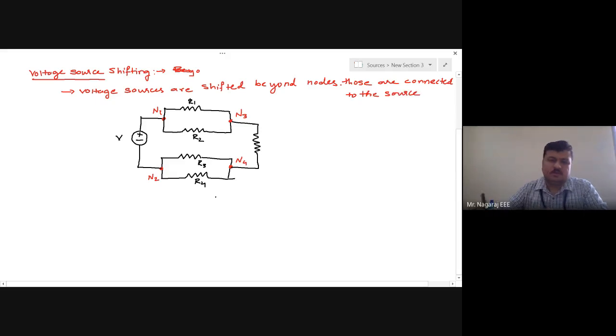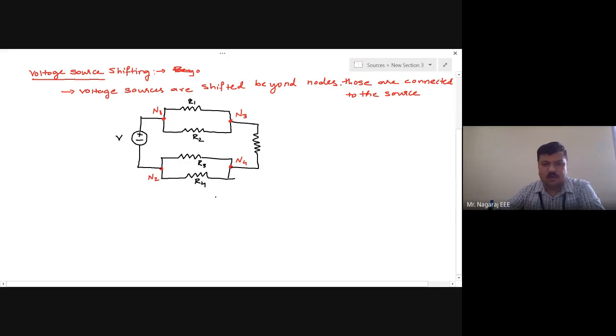I cannot shift this voltage source of V volts beyond N3 and N4 because N3 and N4 are not directly connected to the voltage source. But N1 and N2 are directly connected to it, so I can shift this voltage source either beyond N1 or beyond N2. Both I cannot do.